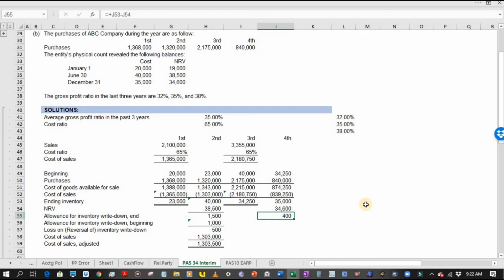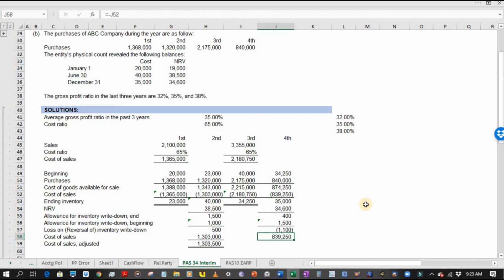So let's get the change in the inventory write down. We have an ending balance of 400 and we have a beginning balance of course of 1,500, which is the ending balance as of the second quarter. So this time there is a reversal of 1,100, and again the reversal in inventory write down is a deduction from the cost of sales that we have computed, which is 839,250.